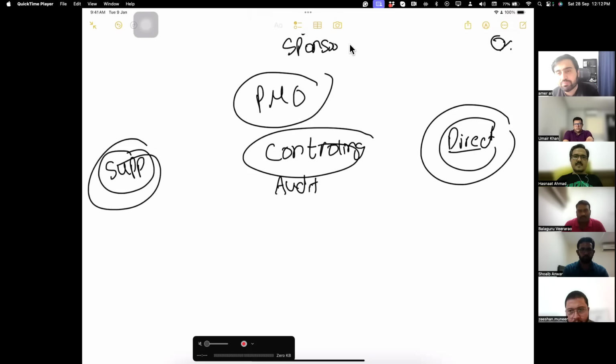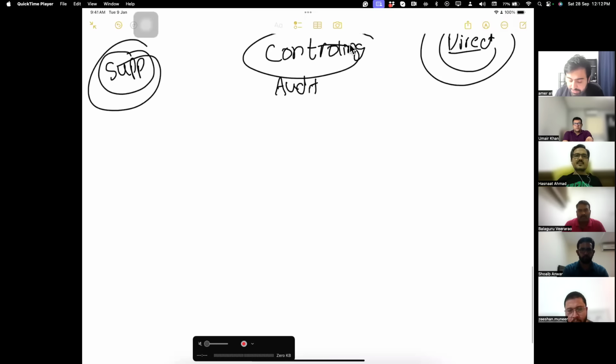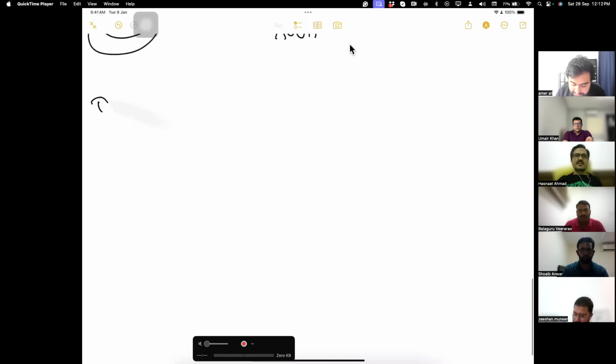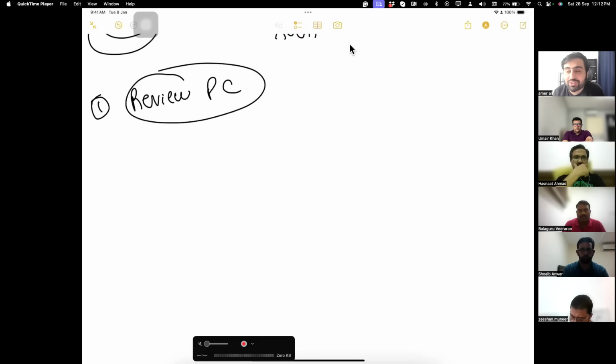So even when the project charter is made, it is made under the influence of this. These three things, your OPA, EEF, your organization type, and PMO, are going to influence the project throughout. Now, when the project charter is made and approved, the project manager's step one is to review the project charter to see who the key stakeholders are, so that he can have a meeting with them and identify other stakeholders.